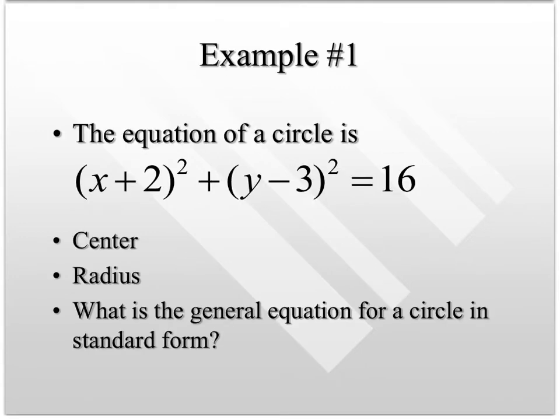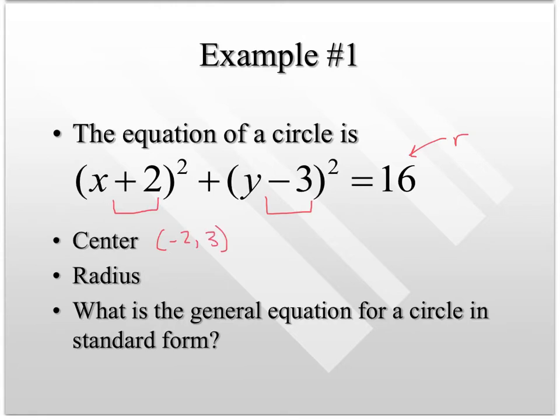So here is our first example, and this is the equation of a circle, something that you've definitely seen before, but in this format, the center is based off of this value and this value, and our radius is based off of this. The center in this problem is -2, +3.